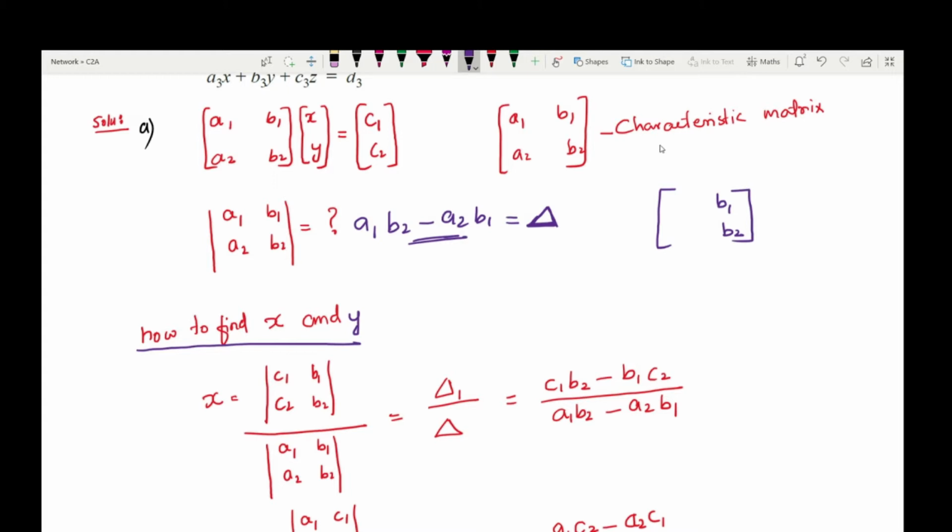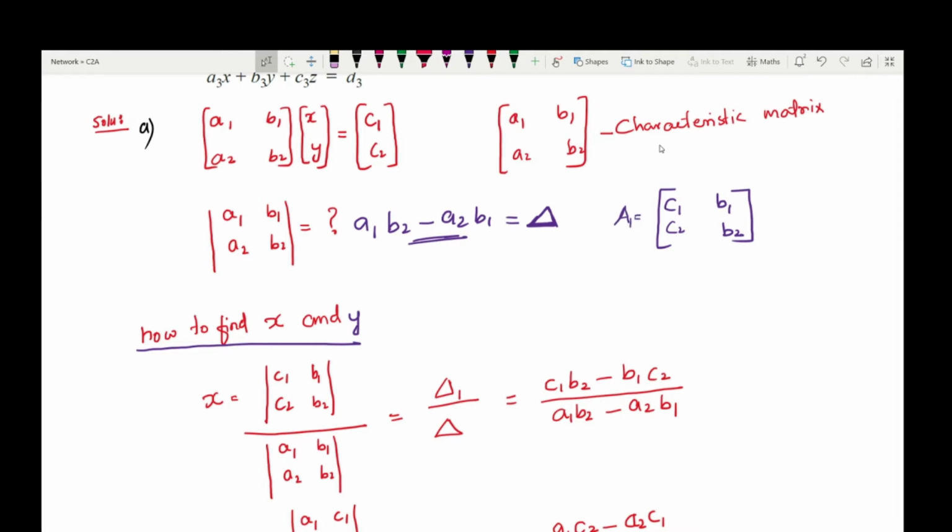So we are removing the first column entry from this matrix and retaining all other column entries. In this case, only the second column is available. And in place of the removed A1 and A2, C1 and C2 are inserted, in the first column. We can call it the A1 matrix.